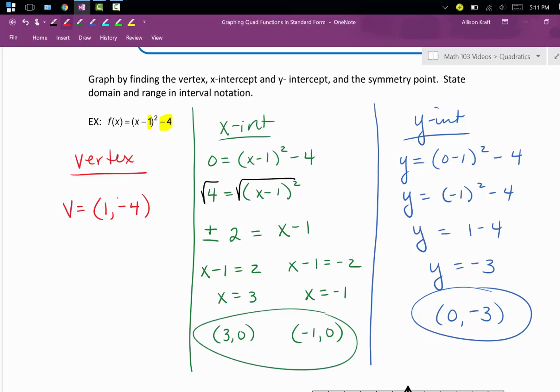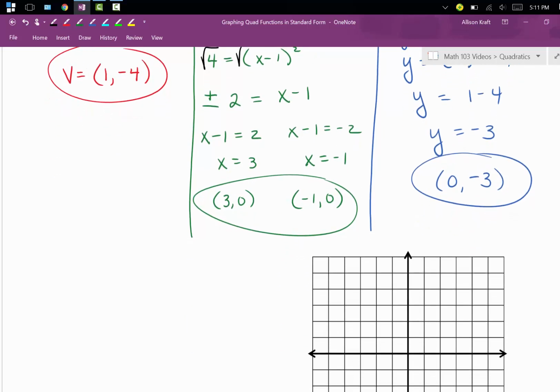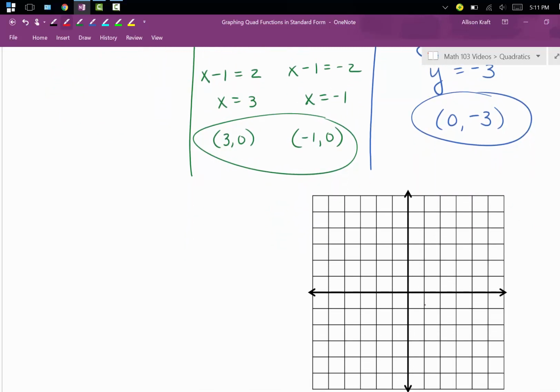Let's plot our points, find a symmetry point, and draw in our parabola. Our vertex is the point (1, -4). We have x-intercepts at (3, 0) and (-1, 0), and a y-intercept of (0, -3). Using our axis of symmetry, which is the vertical line going right through the vertex, and our y-intercept, we'll find an additional point.